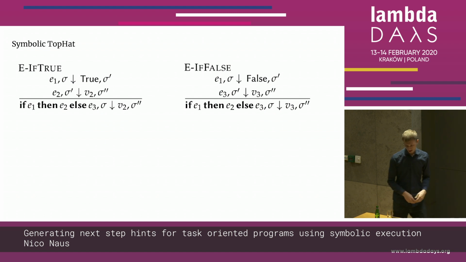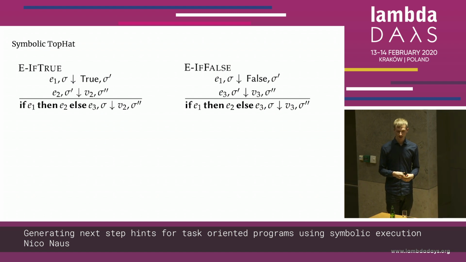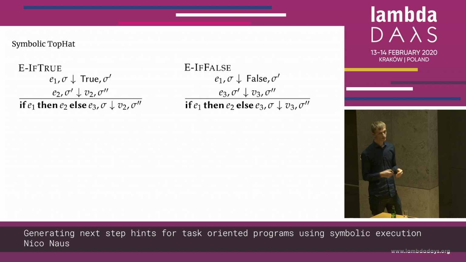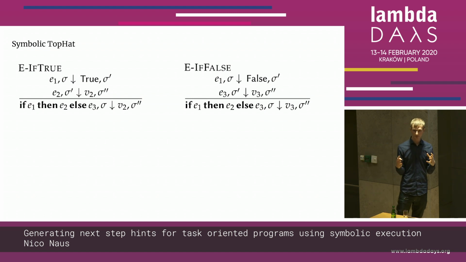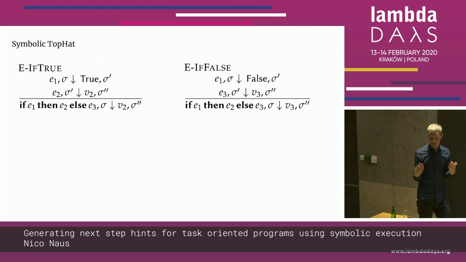All right. And more interesting is the if then else. So before we used to just evaluate the condition here, E1, and we get either true or we get false, and then we calculate E2 or E3. But because we are now in the symbolic world, we don't know what the actual result will be of the evaluation of E1.